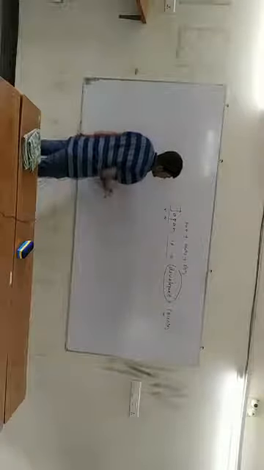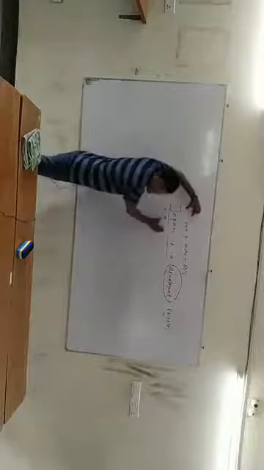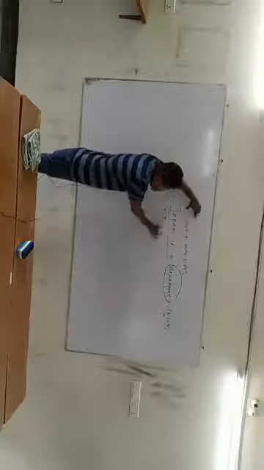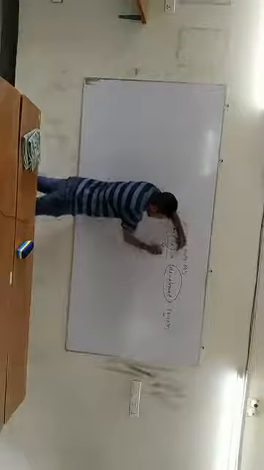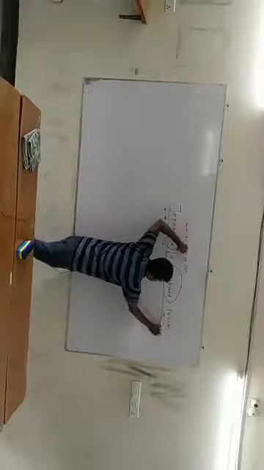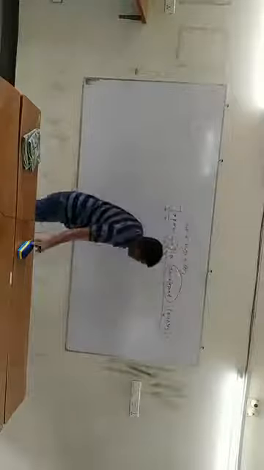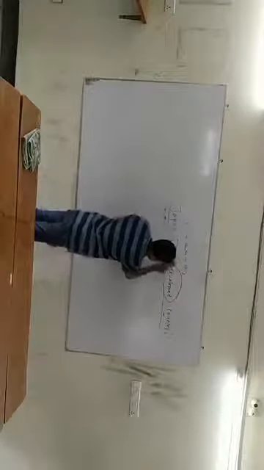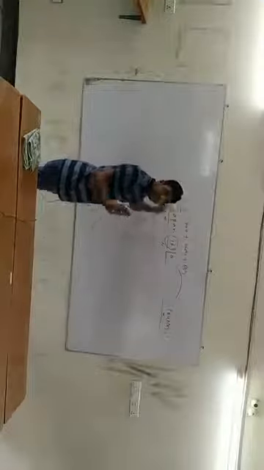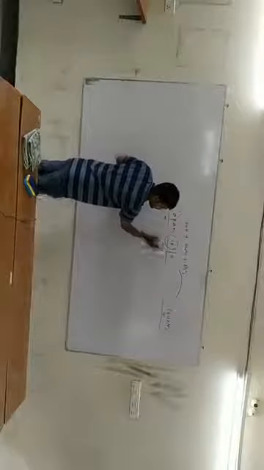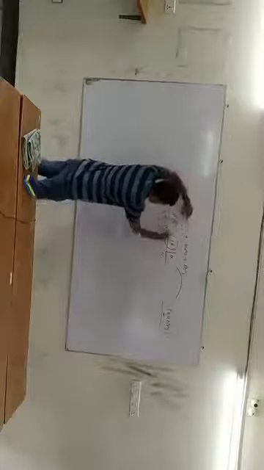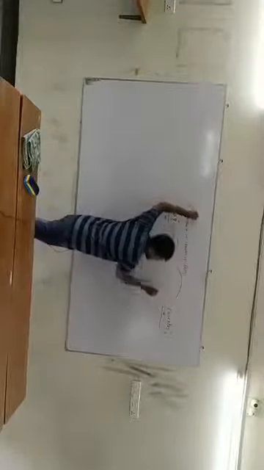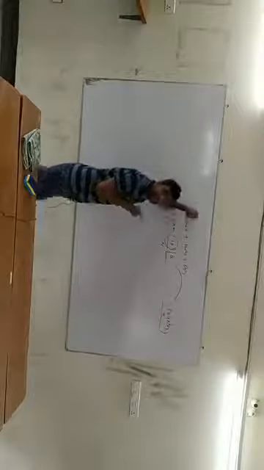Japan is the subject, is is the verb, and a developed country is the rest. If you exclude developed, there is no problem to form a meaningful sentence. Japan is a country is a complete meaningful sentence.